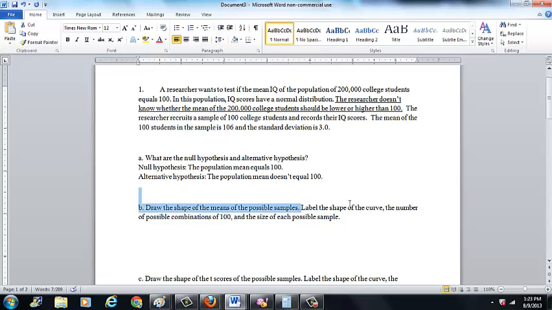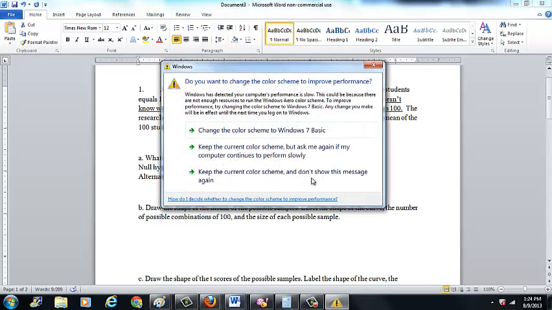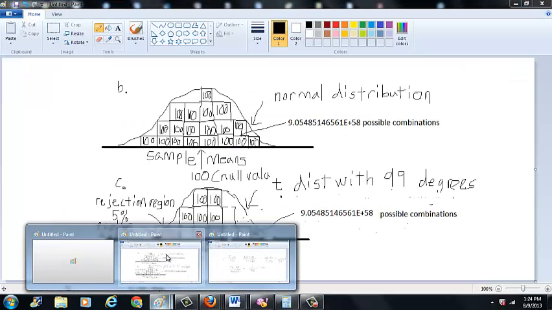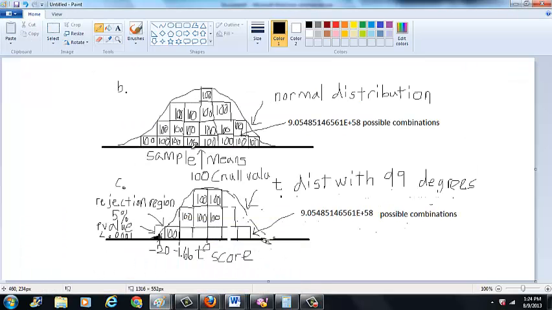We have to find out what the shape of the curve of the sample means will be. It says, in this population, IQ scores have a normal distribution, which means that this curve right here will be normal, the normal distribution in part B.